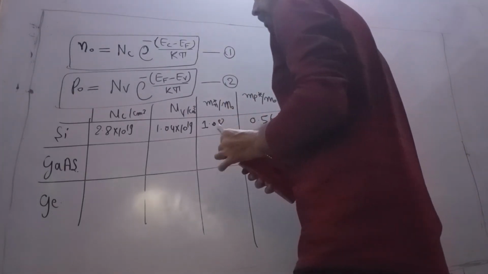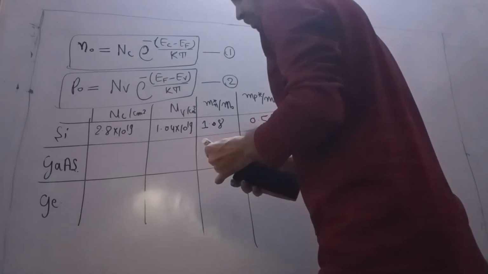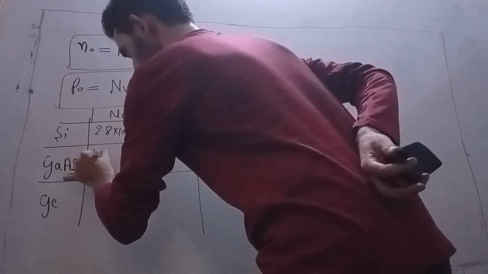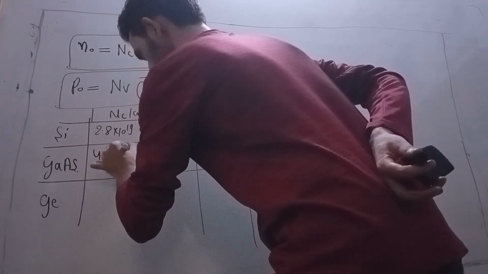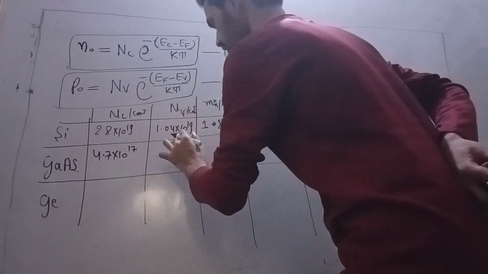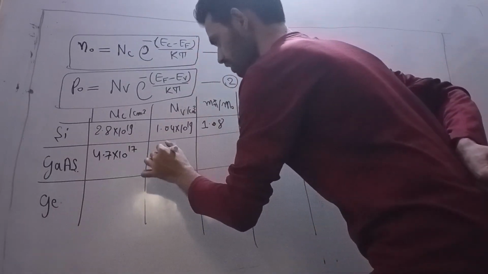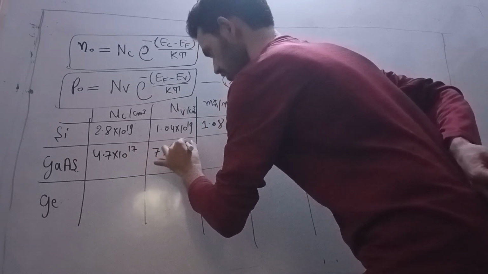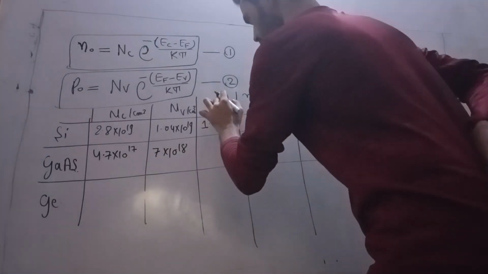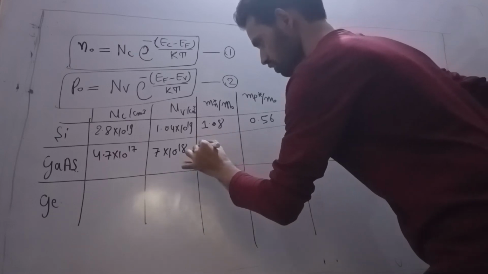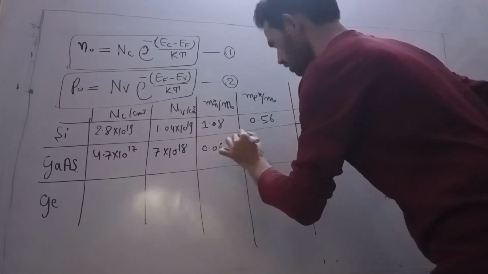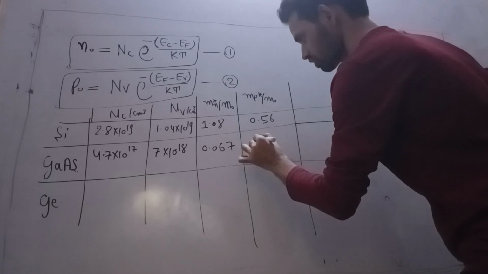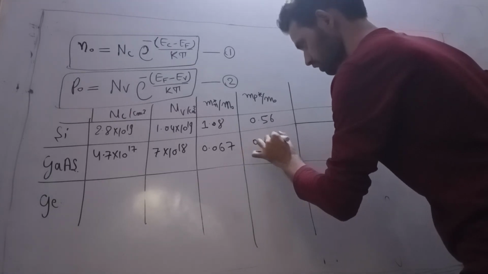For gallium arsenide, Nc is 4.7 into 10 to the power 17, and Nv, the density of state in valence band, is 7 into 10 to the power 18. The mn star by m naught ratio is 0.067, and the mp star by m naught ratio is 0.48.